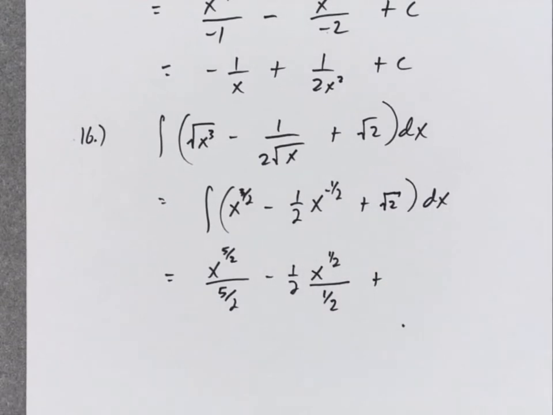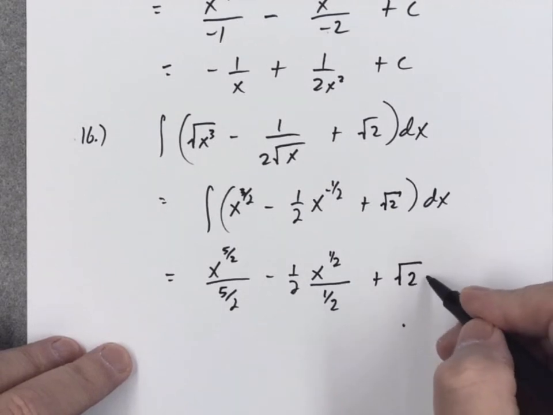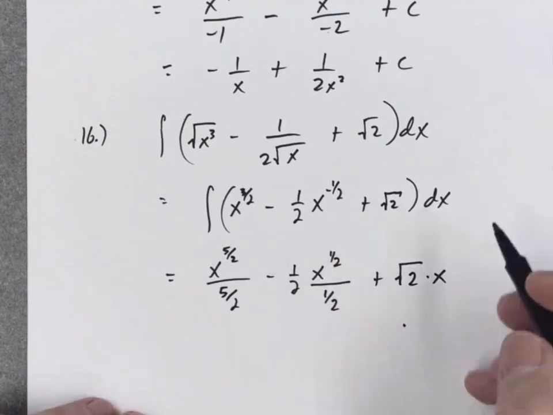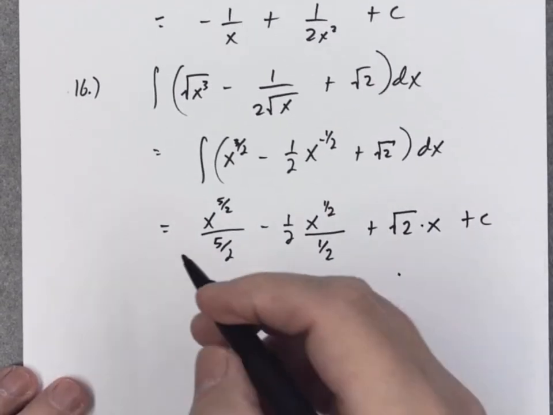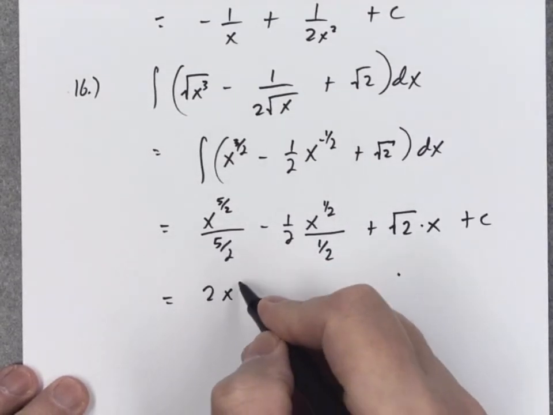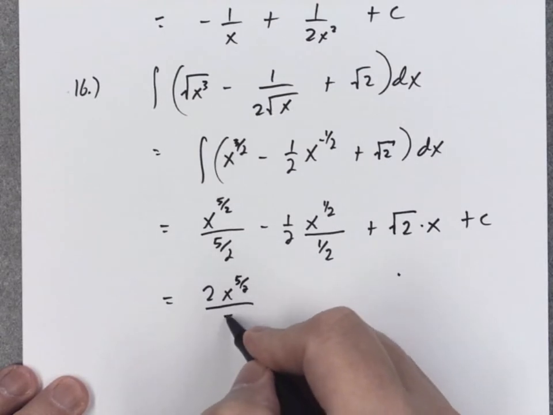Now, square root of 2 is just a number. It's just a constant. What's the rule? When you integrate a number, you just multiply it by the variable. And don't forget this. Now this one, we probably should clean up a little bit. So this ends up 2 times x to the 5 halves over 5.